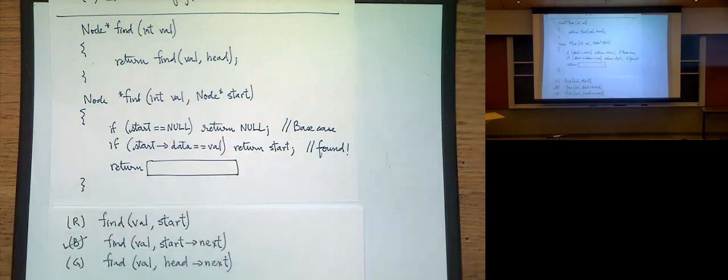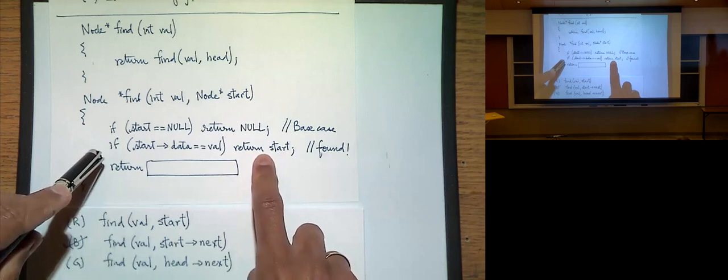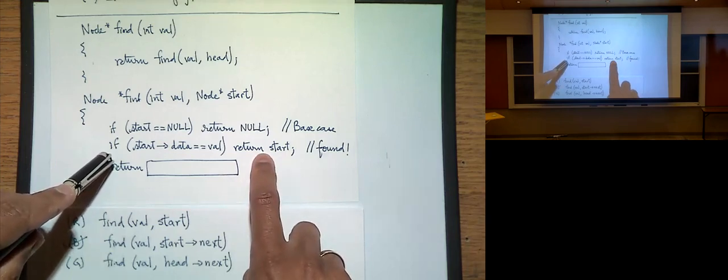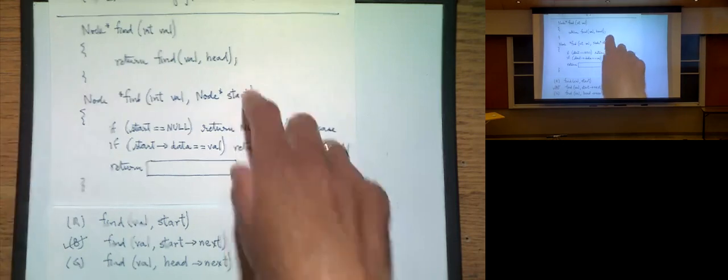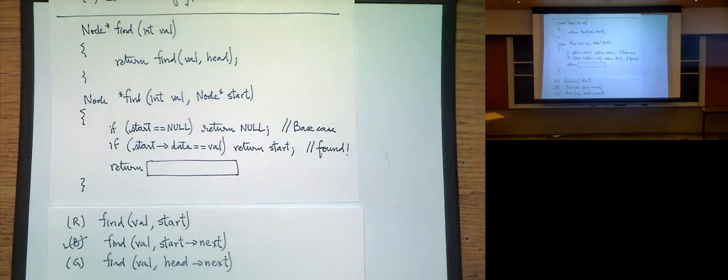Maybe I should take questions. Yes. Why can't we just use the second find? Why do you need both? You have to initially call it from the head. Right, but then you just pass the head to the second.